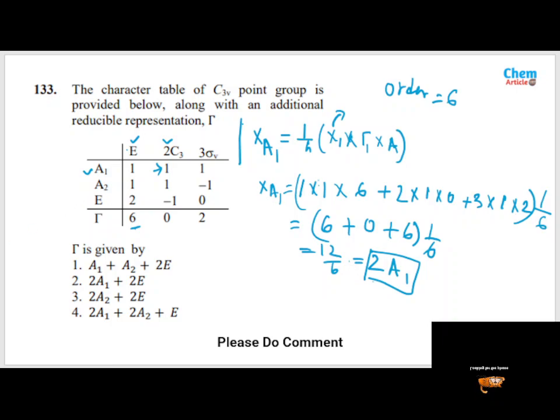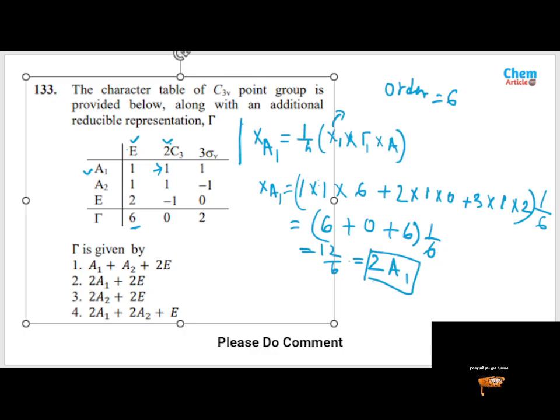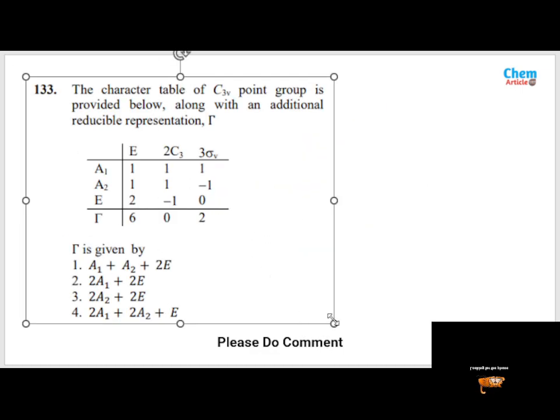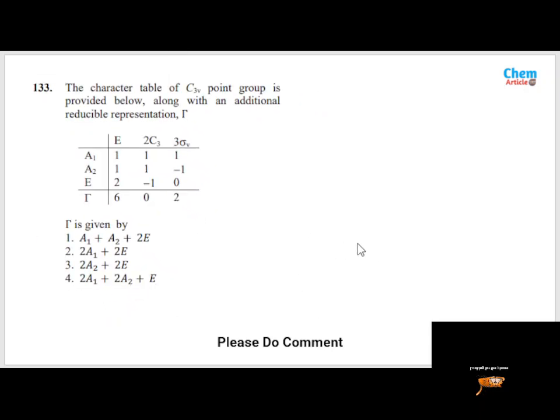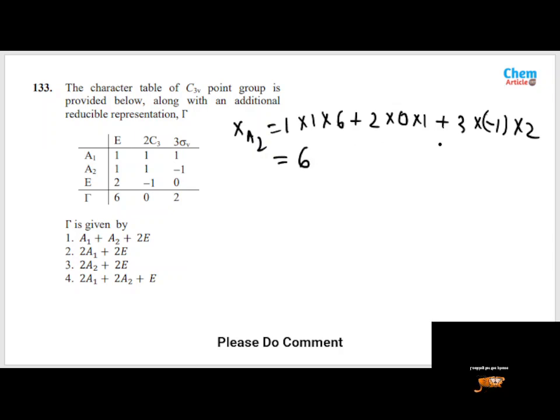Now similarly, A2, count it. A2 equals 1 into 1 into the reducible representation 6, that is 6, plus 2 into 1 into 0, plus 3 into minus 1 into 2, divided by the order 6. So 6 plus 0 minus 6, that is 0 by 6, that means 0.